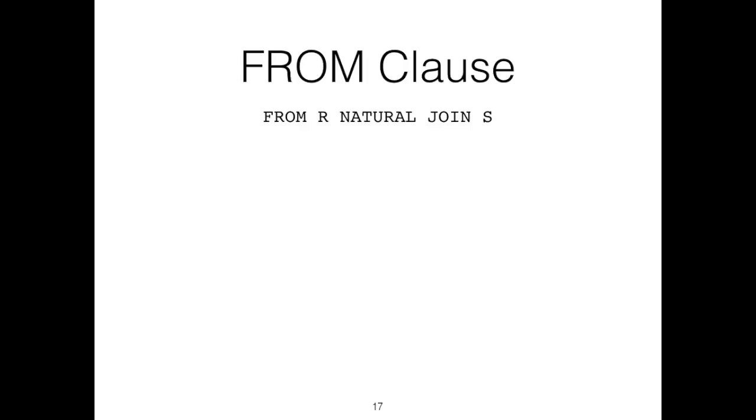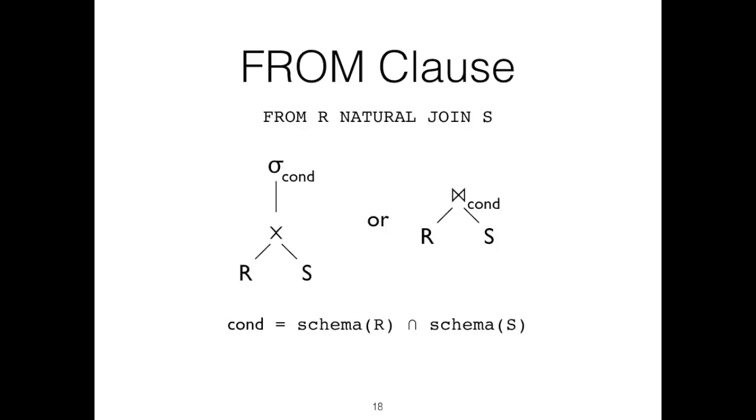Well, how do you implement that? Well, same exact thing. You have a condition, the equality predicates, and you have a cross product. Now, there's a little bit of a tricky bit here because you actually need to know what the schema of R and what the schema of S are.